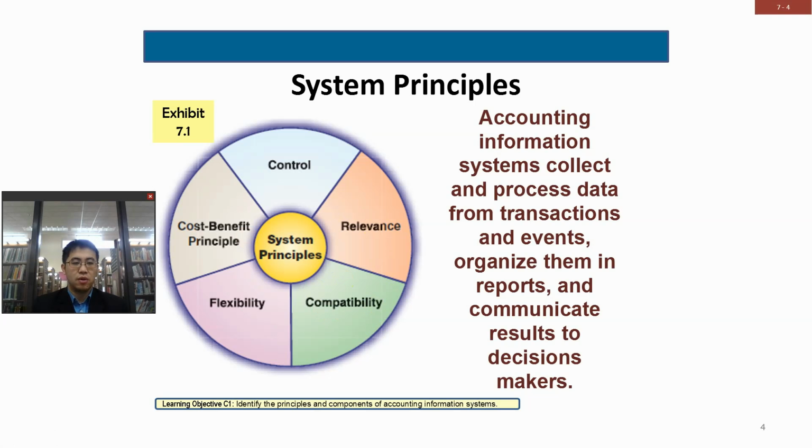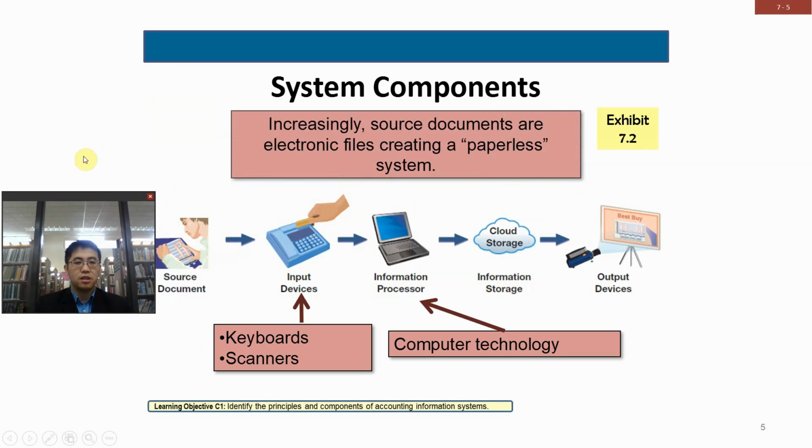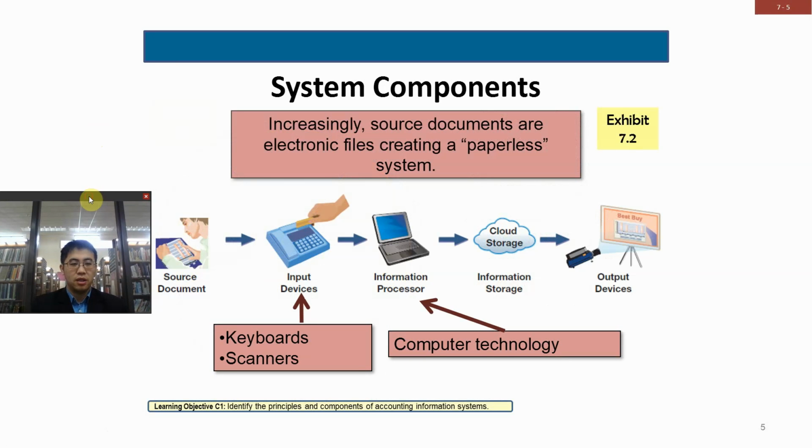Of course, you need flexibility to make sure that whenever there's an update, it can be incorporated in a timely manner. And there's the cost-benefit principle: make sure it does not cost too much while it can bring you enough benefits.